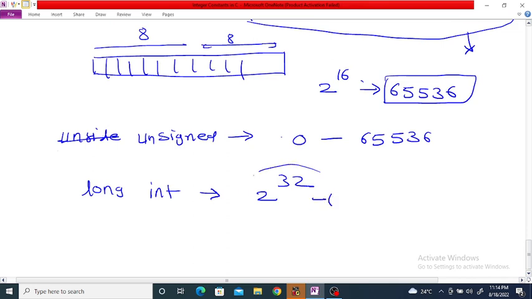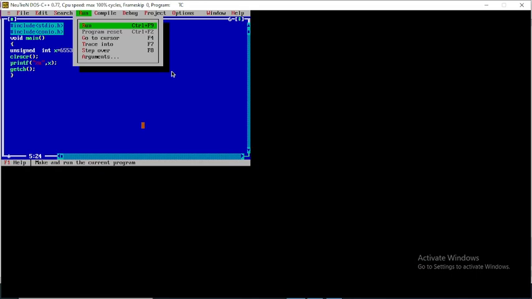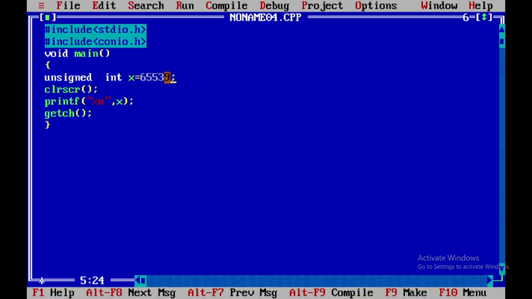This much memory you can use for a long integer. So if you want to print this number, then use long int, and the associated type is %ld.